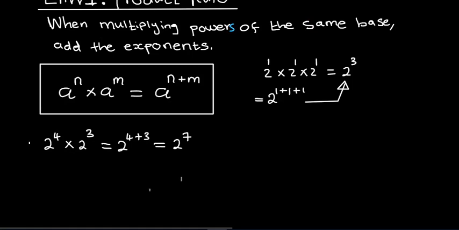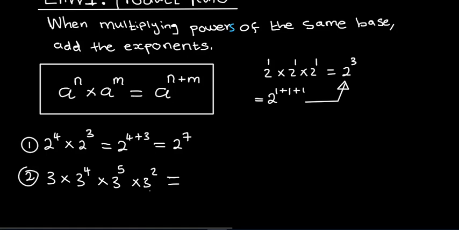Okay, so at times you have even more numbers. For example, you might have 3 to the exponent of 1 times 3 to the exponent of 4 times 3 to the exponent of 5, maybe times 3 to the exponent of 2. Then you write only 3 because all of them are powers with the same base, and the base is 3.